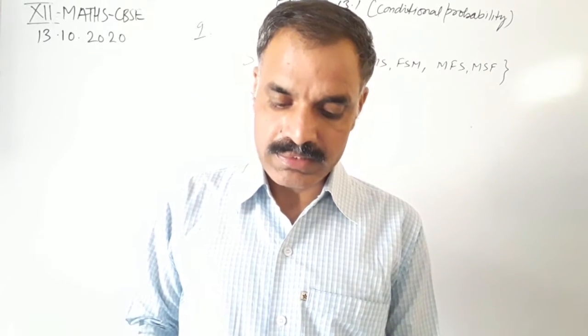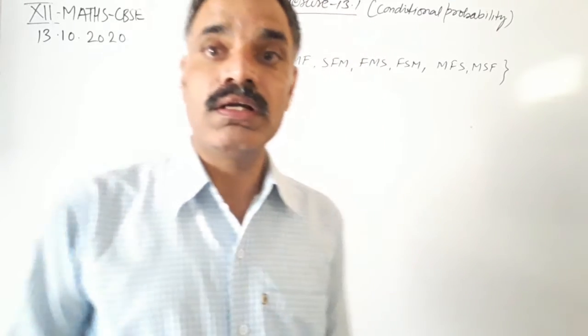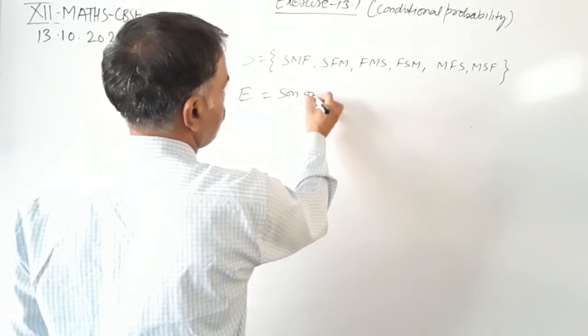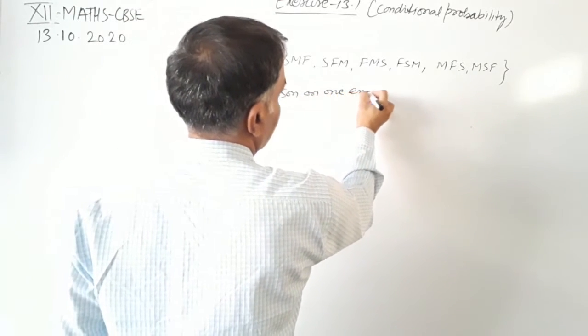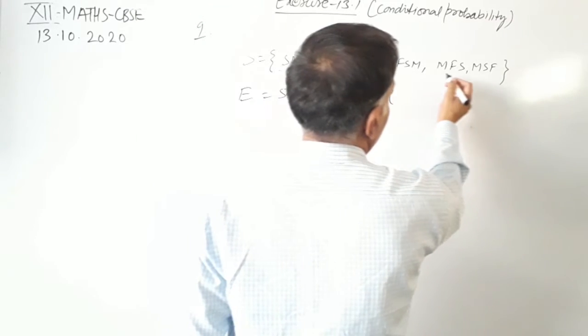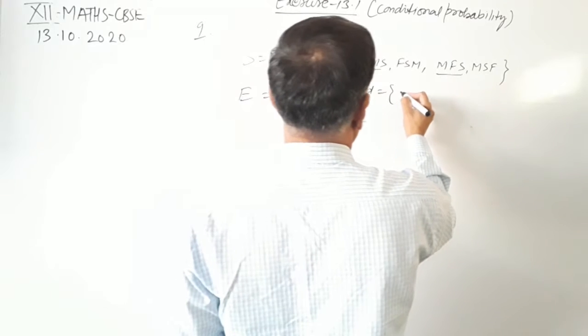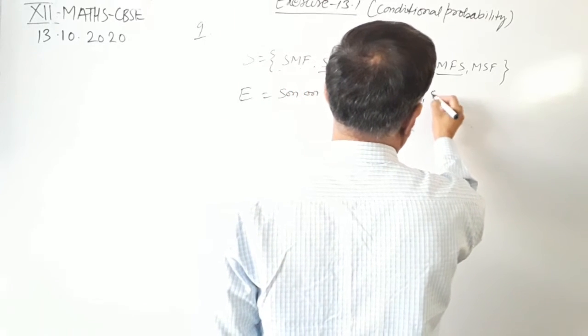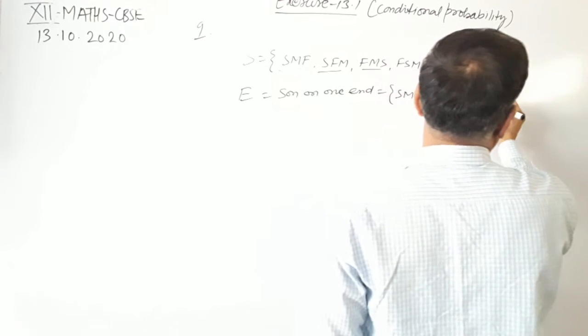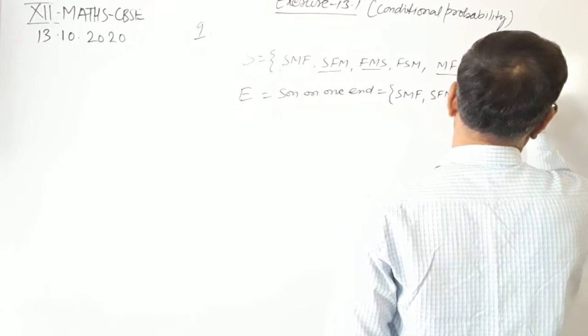Now it is given that E is the event son on one end. Son on one end means these: son, mother, father; son, father, mother; mother, father, son; father, mother, son.